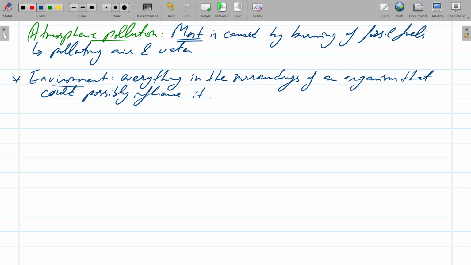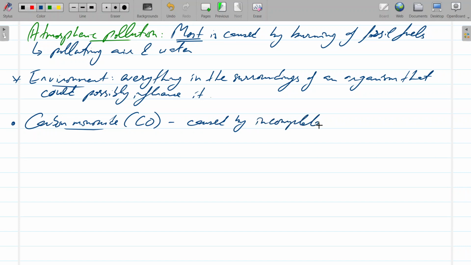So, what are the main culprits? You've got carbon monoxide. It is caused by the incomplete combustion of carbon containing fuels. We've talked about this earlier, right?